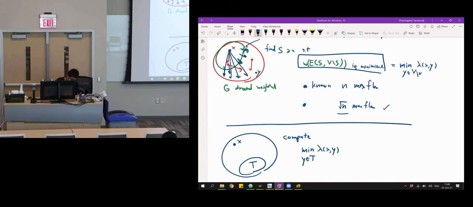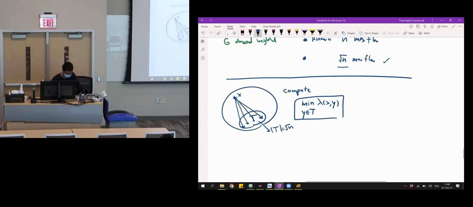Think of T as of size maybe square root n. We want the minimum cut from x to all of these, but we just want one number, the minimum one among them.